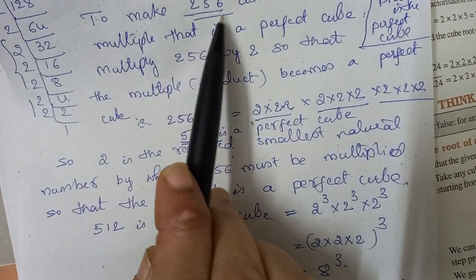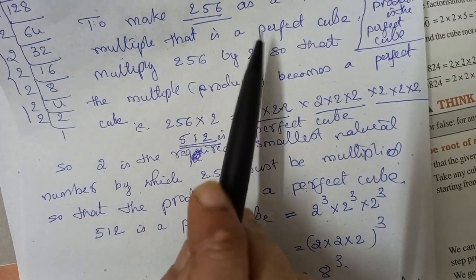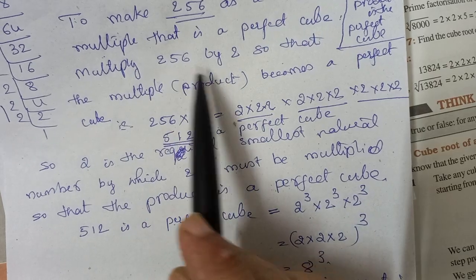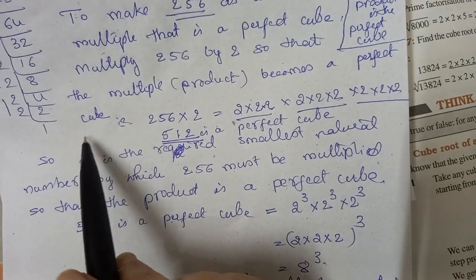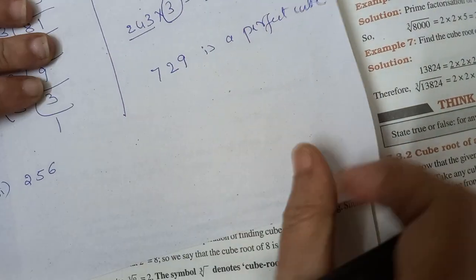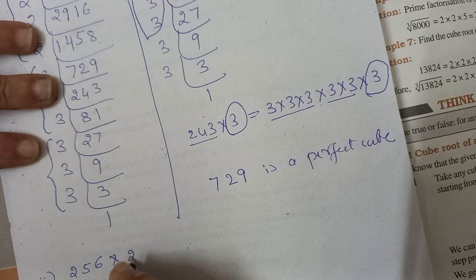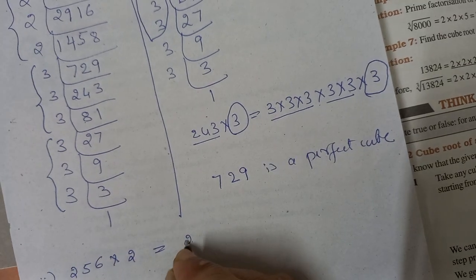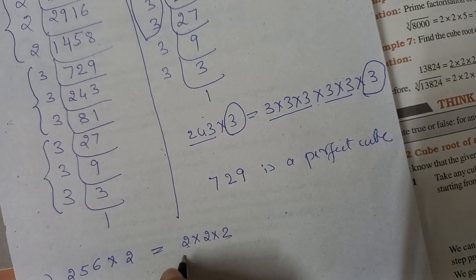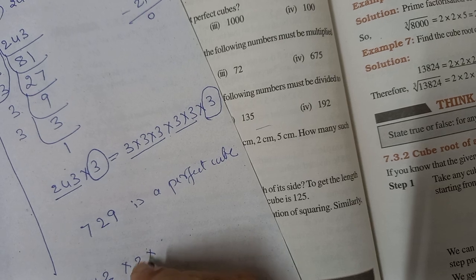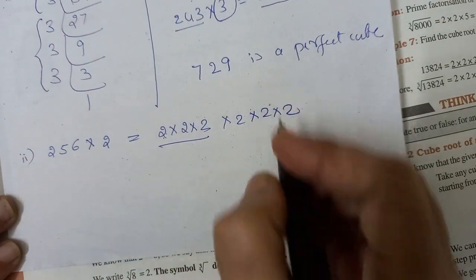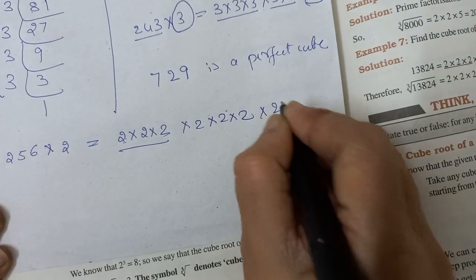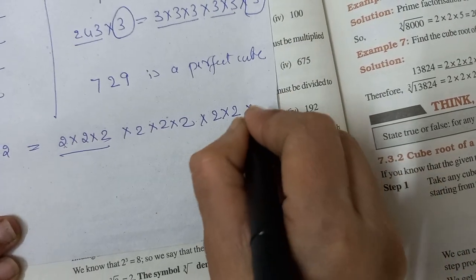To make 256 the smallest multiple that is a perfect cube, multiply 256 by 2 so that the product becomes a perfect cube. That is 256 into 2 is equal to 2 into 2 into 2, 2 into 2 into 2, then 2 into 2 into 2.